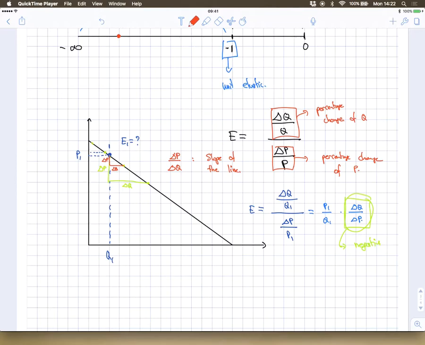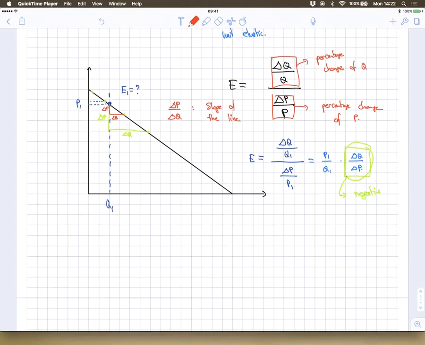So what is this delta Q over delta P then? It's simply 1 over the slope, because it's the opposite, right? So this delta P is negative. It's also constant, and it's also 1 over slope.